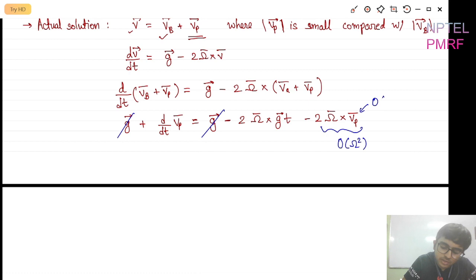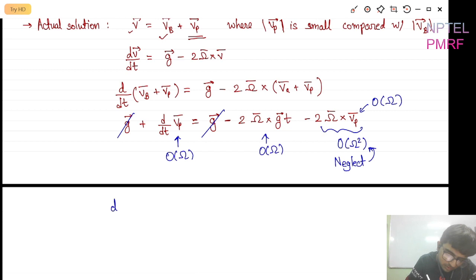Vp itself is of order omega, because if omega is 0, then Vp, the perturbative term, also goes to 0. This is of order omega, and this is also of order omega, which means we can neglect this term. So d by dt of Vp is very close to 2 omega cross g t.